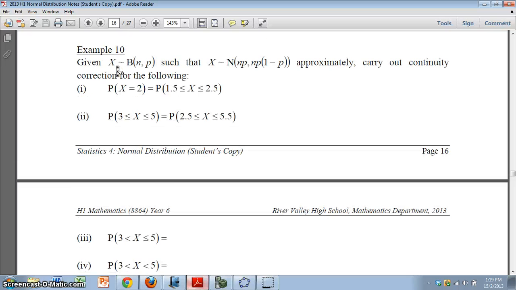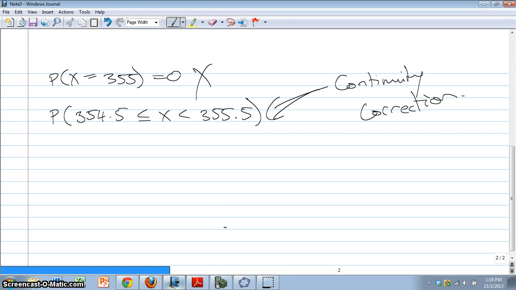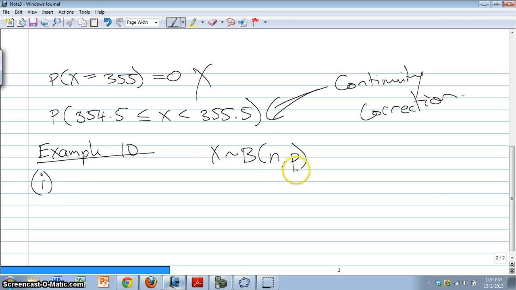We're just going to work out a few of these probabilities. We're given that x is binomially distributed with n trials and probability p. And we know then that x can also be approximated by a normal distribution, N(np, npq).